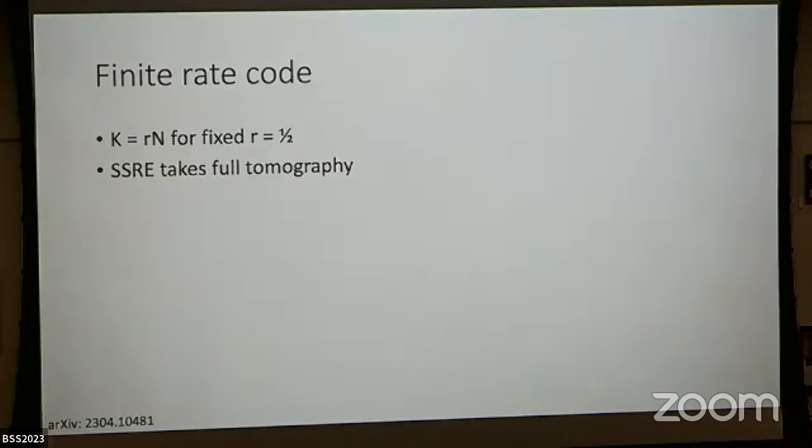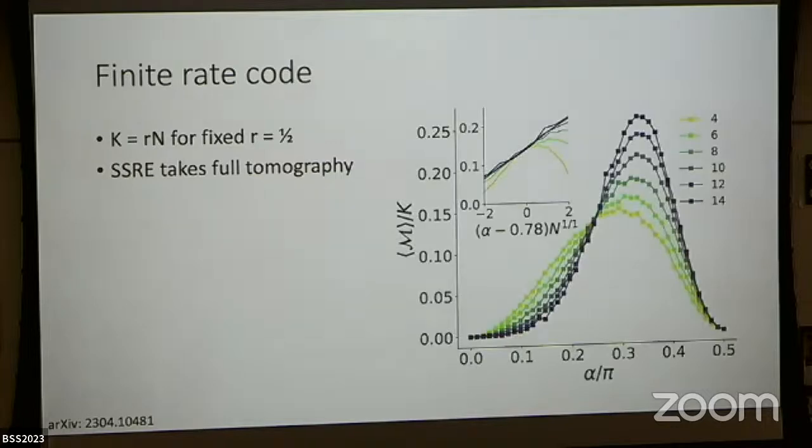Remember, this second stabilizer Rényi entropy takes full state tomography, and now our system is getting larger and larger, so this is going to become not tractable in the experiment. We need to come up with another measure of magic that's actually experimentally realizable.